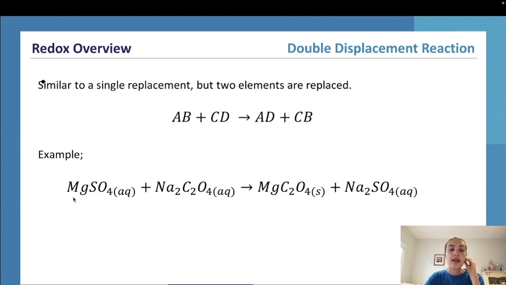So in order to get from -6 to 0, we need an oxidation number of +6 for the sulfur. So then we can get -8 plus 6 plus 2, and that will give us 0.